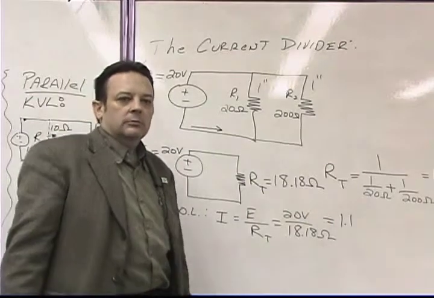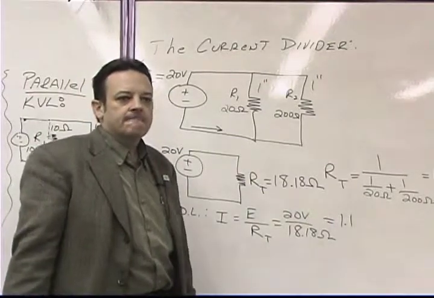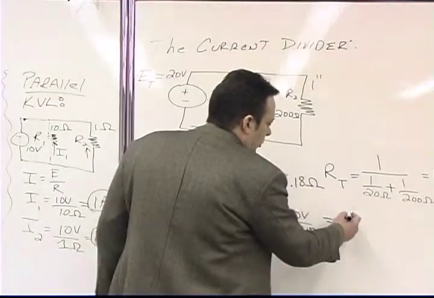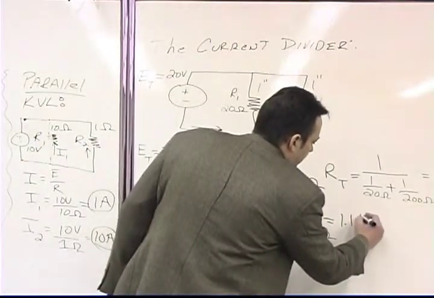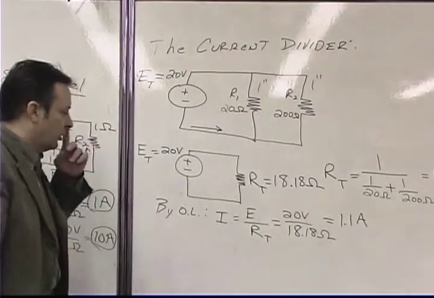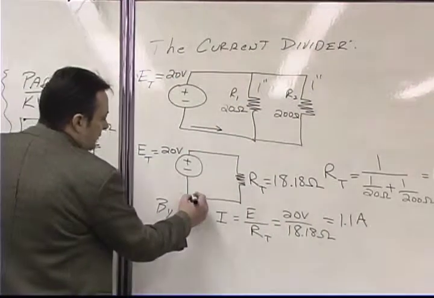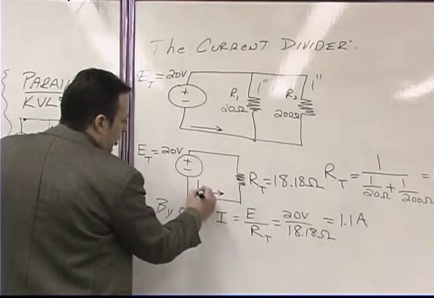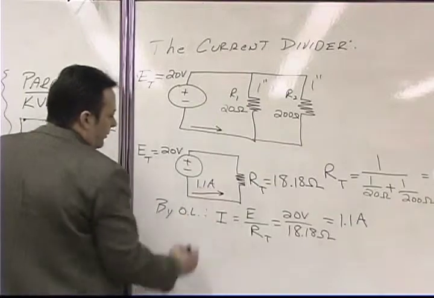So, you want to check it again? Yeah, it's 1.10. 1.1. Yeah. So 1.1, and what's the unit? Amps. Okay, so that is current flow. So the current that's flowing from this source out to this load is 1.1 amp.